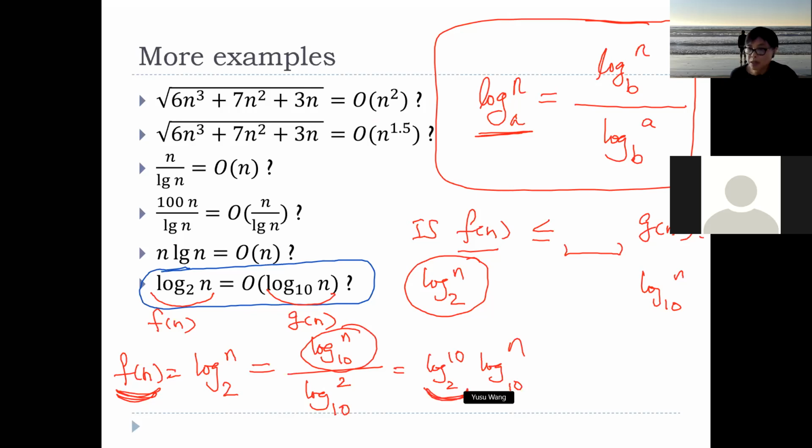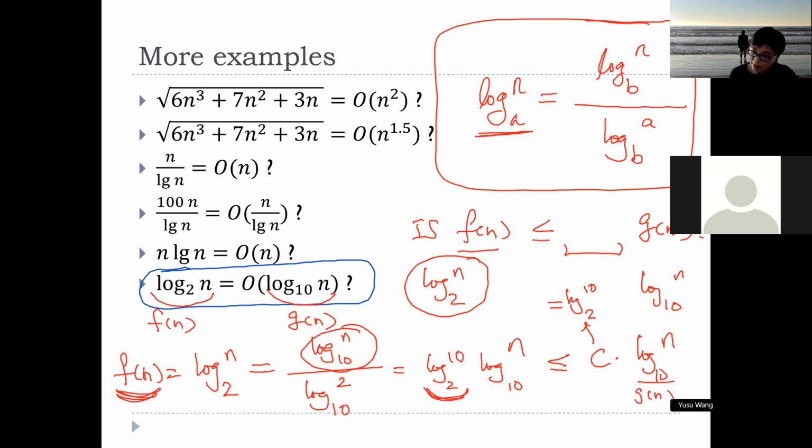I don't need to know the precise quantity of this, but this is a constant, which means that this is smaller than c times log base 10 of n, which by definition is g of n.